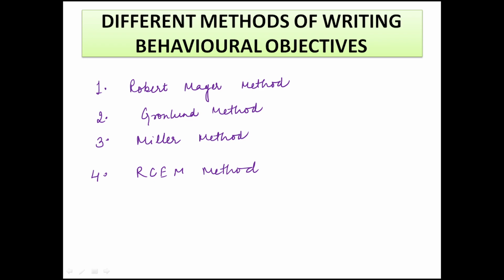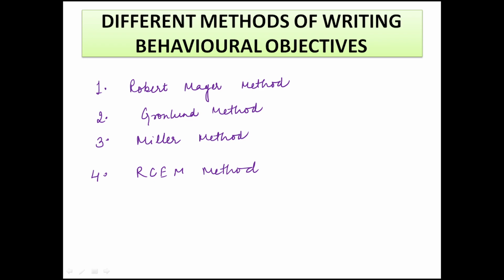As the name says, Robert Mager laid down a method of writing objectives in the cognitive and affective domains, which is called the Robert Mager method after his name. In this method, he took Bloom's taxonomy for writing objectives and has given action verbs for each aspect of the objective.